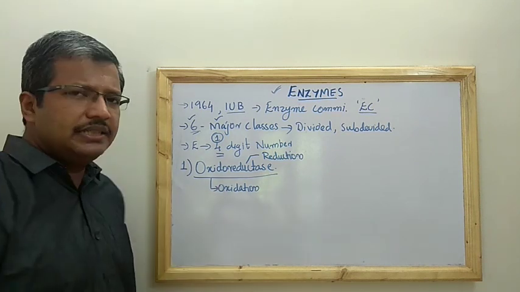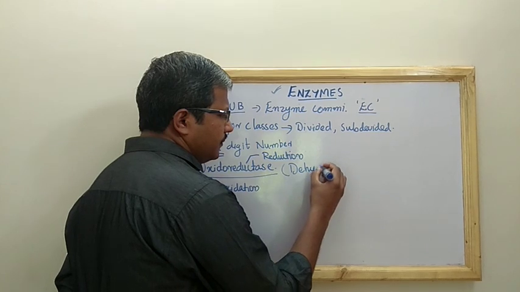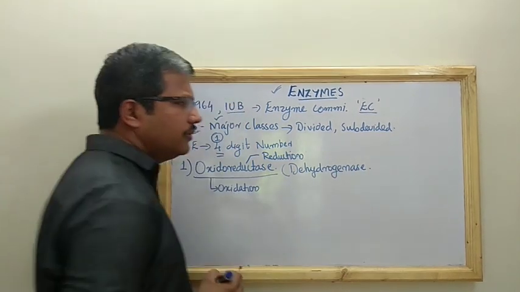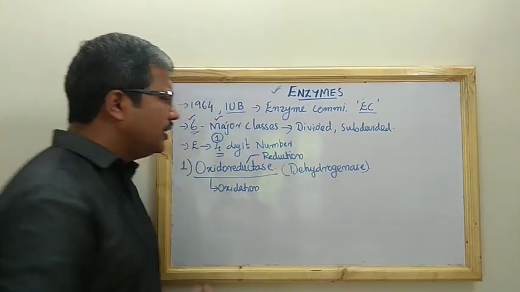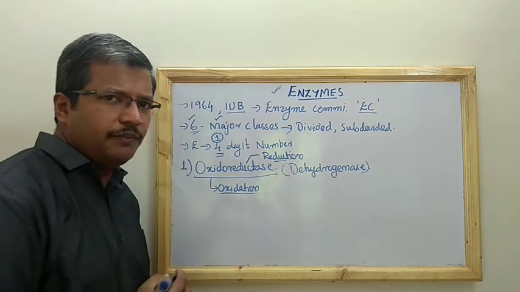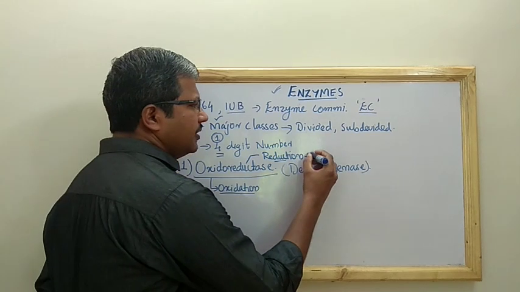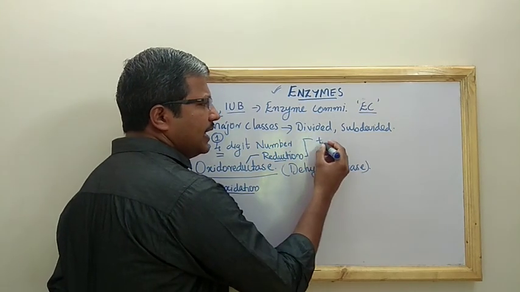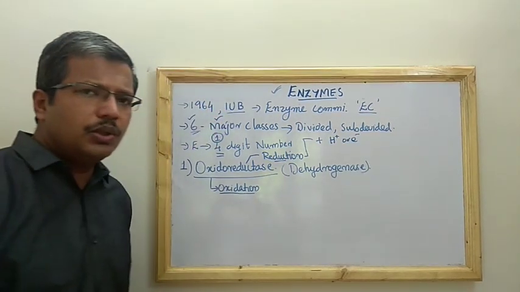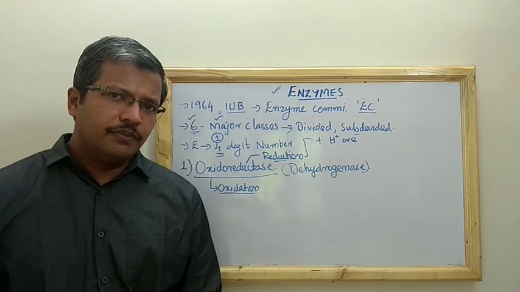This oxidoreductase is otherwise known as dehydrogenase. Now you have to keep in mind what is meant by reduction and oxidation. Some of you may be familiar, but still I am telling what is meant by reduction. Reduction is the addition of H plus or electrons. Electron or H plus acceptance is known as reduction.